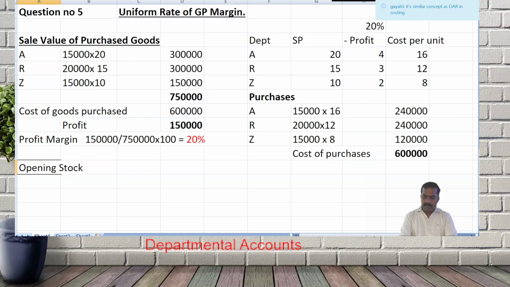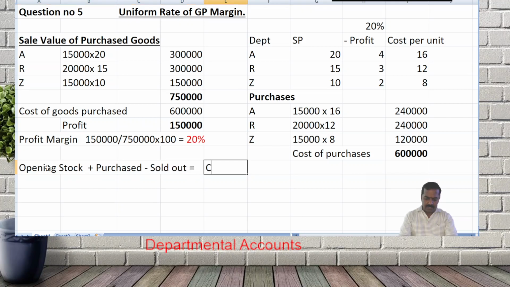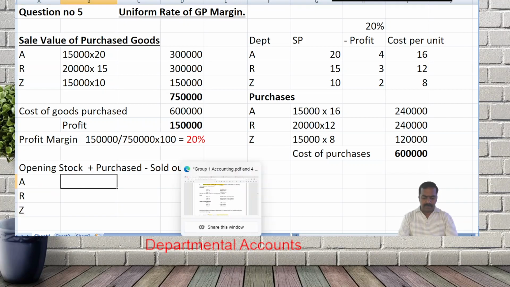Openings. Yes, exactly. Opening stock units plus purchased units minus sold out units will give us closing stock. Opening stock for A, how much is there?